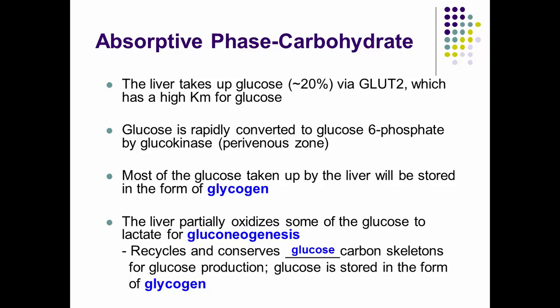So these precursors, lactate and amino acids, can be used to make glucose, and the purpose of this glucose is to be stored in the liver as glycogen, right?